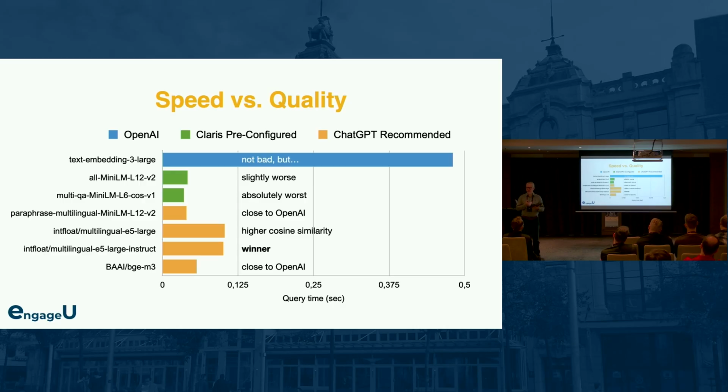And finally, the winner for me was a model that you can see just second from the bottom, which was Infloat Multilingual E5 Large Instruct, because that gave me a good balance between performance and accuracy. But again, a reminder, AI is good at recommending models, so that's the first step I recommend.